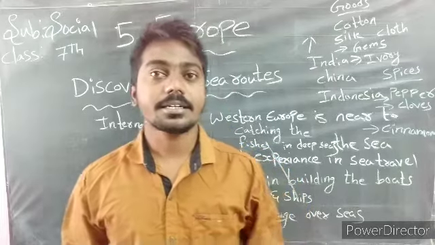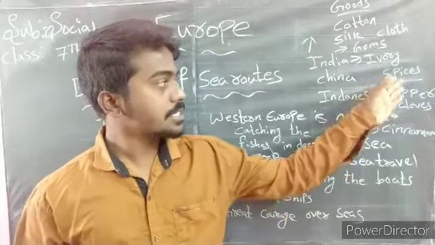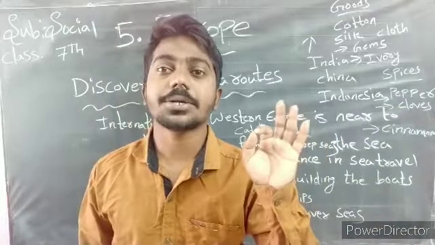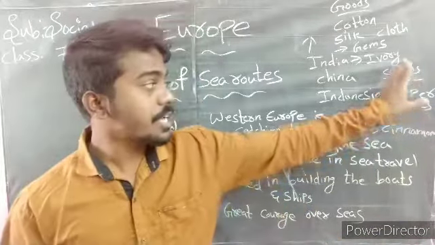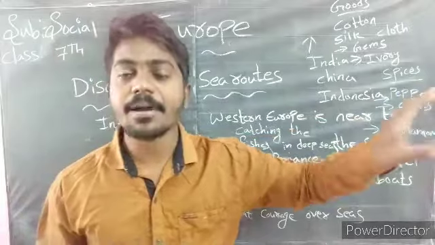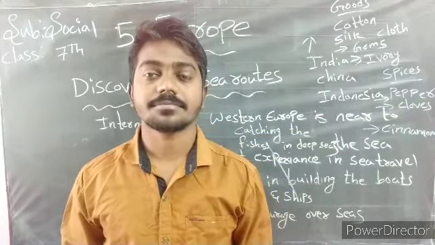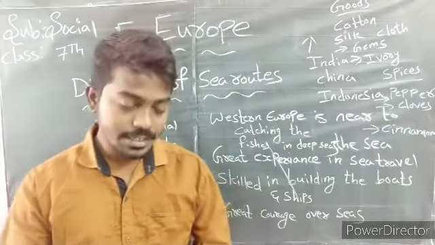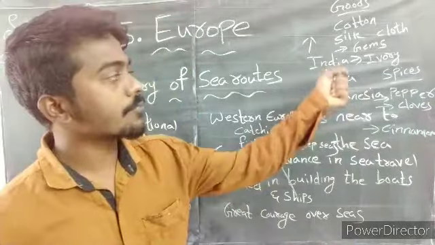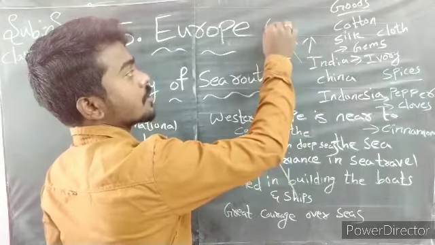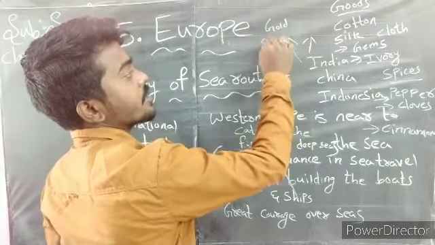These spices, pepper, cloves, and cinnamon, are not present in the European continent. Indian spices have a great demand in European countries. That is why, for whatever goods they took from our India, the Europeans gave gold and silver.